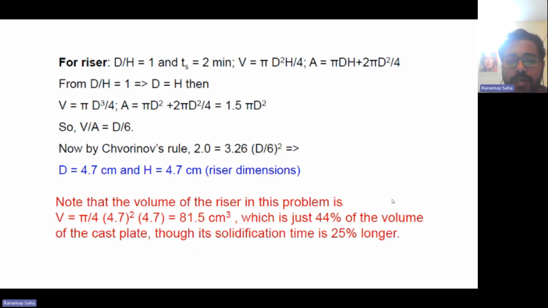Which means the riser volume is only 44% of the volume of the cast plate, although its solidification time is 25% longer. So this much long time is not required, and so this is not an optimal design. It's not an optimal dimension which you have got. So in this case, you need to go ahead and check with the other principles also to see which one is giving you the optimal design.